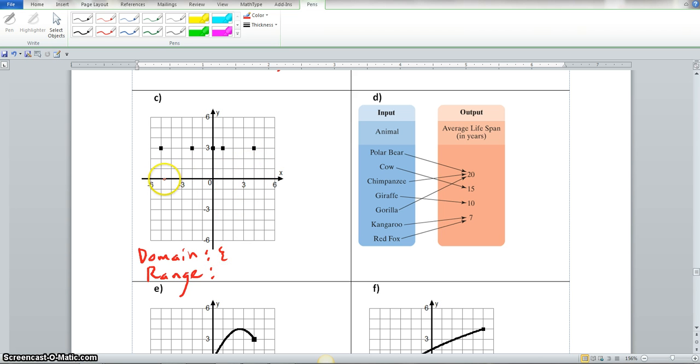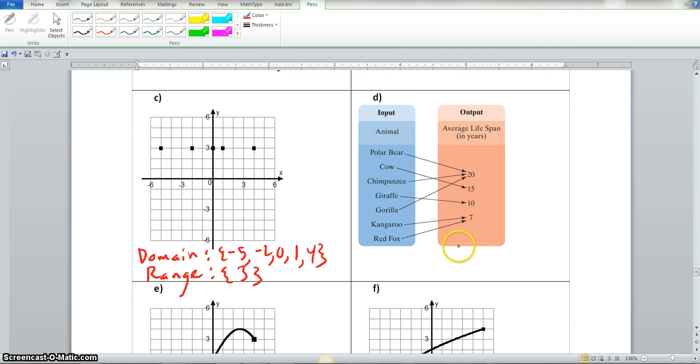Starting from the left to the right, we had -5, we will have -2, 0, we will have 1, and also 4. That will be our domain. Now our range is all of our y values. If you notice here, all of your y values are the same, which is 3. So you would just put 3, and that's it.